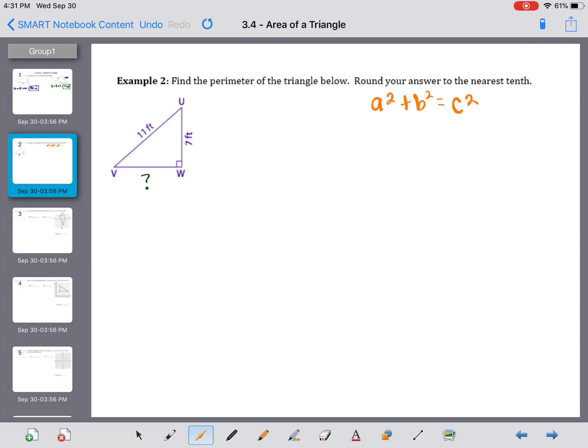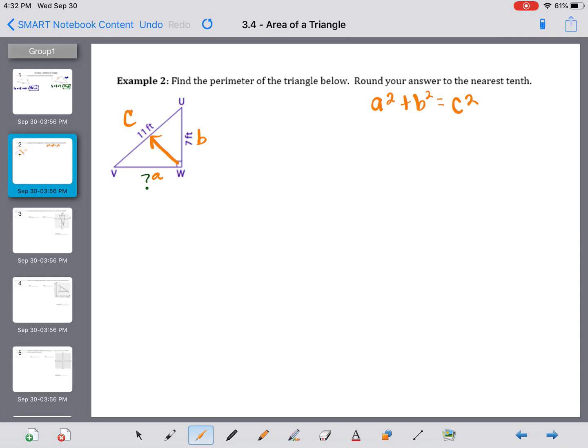We can use it to find the missing side of a right triangle. If you start at the 90-degree angle and go to the side across from it, which is the hypotenuse, that is always your c. I'll make this bottom side my a and this side my b.